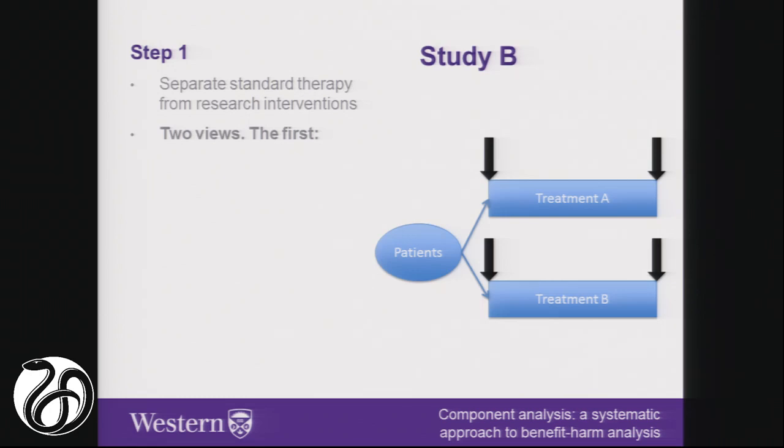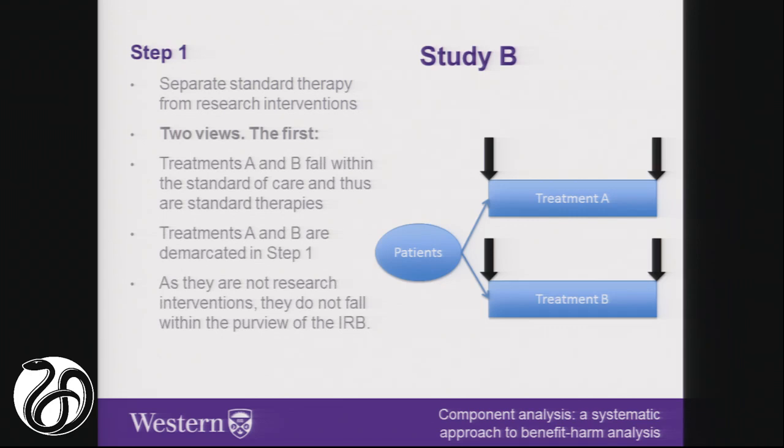Here's the first view. The first view says, look, treatments A and B fall within the standard of care, and thus they are standard therapies and are properly regulated by the doctor-patient relationship and the norms associated with it. Therefore, treatments A and B ought to be demarcated out of the picture in step 1 of component analysis, and as they are not research interventions, they do not fall within the purview of the IRB.